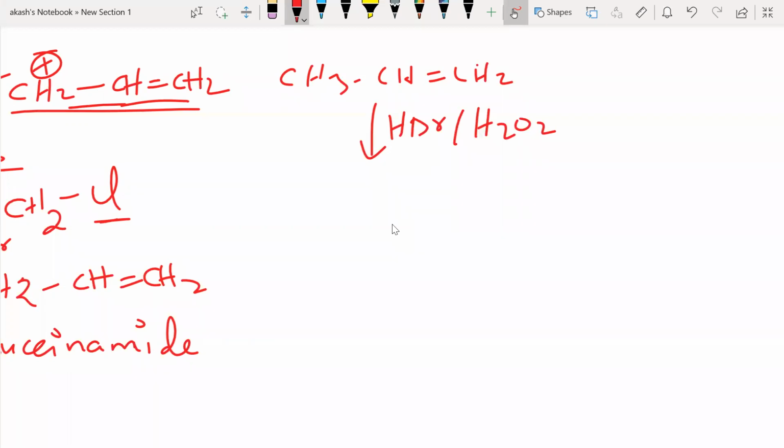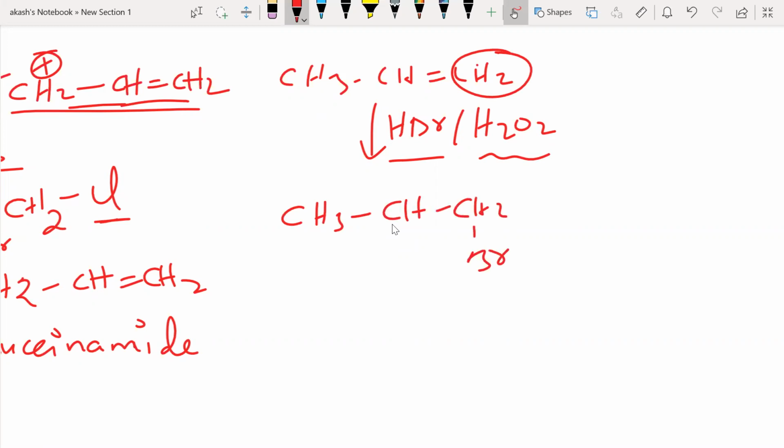So here it is going to be anti-Markovnikov's addition. When you use a normal HBr, the mechanism is different, but when you use HBr in the presence of peroxide, the reaction is going to be different. I'm going to get the anti-Markovnikov's product in the sense that I am going to have the bromine atom substituted on this carbon atom. So you will see that I'm going to have CH3CH2CH2Br.